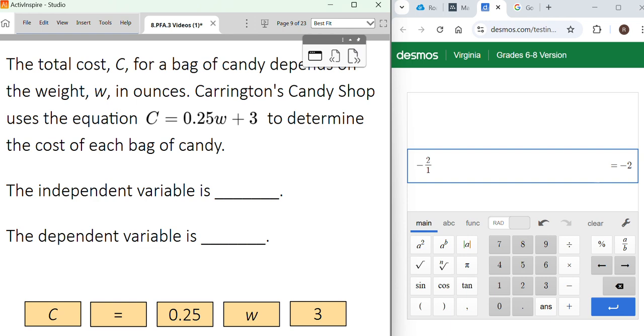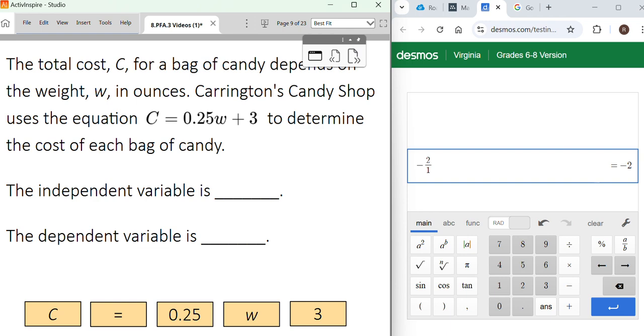In this problem, the cost, C, for a bag of candy depends on the weight, W, in ounces. Carrington's Candy Shop uses the equation C equals 0.25W plus 3 to determine the cost of each bag of candy.